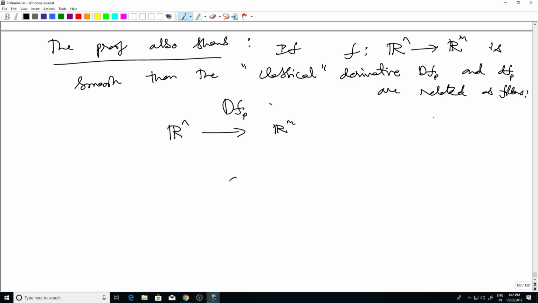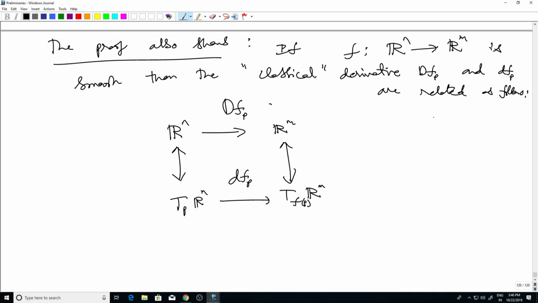Well, the new derivative is a map from Tp Rn to Tf of P Rm. But we know that there is an isomorphism here, and likewise here. So what one wants to say is that this diagram is commutative.